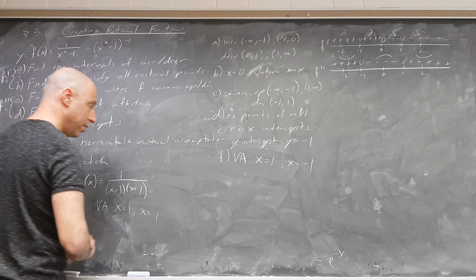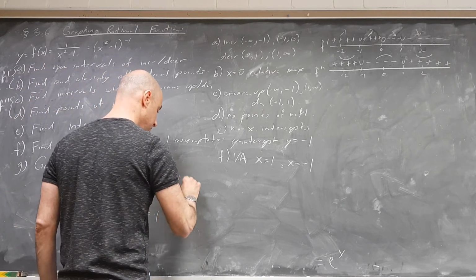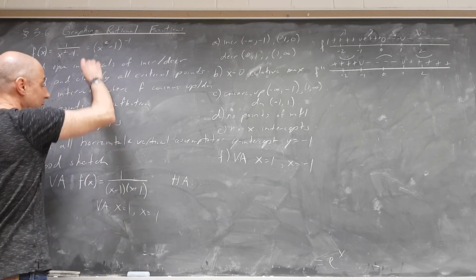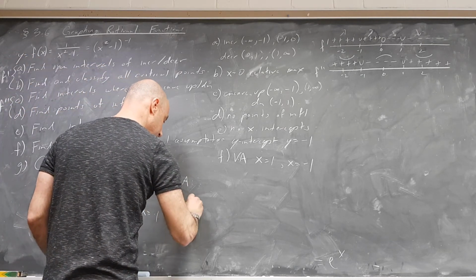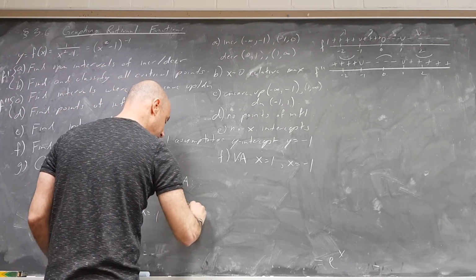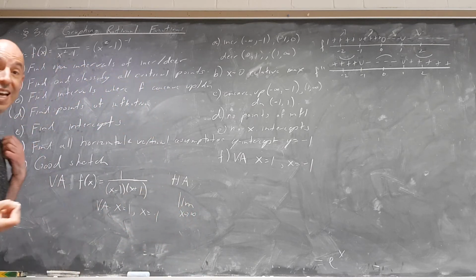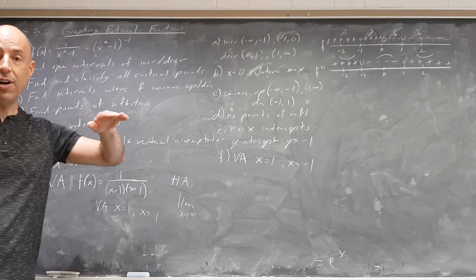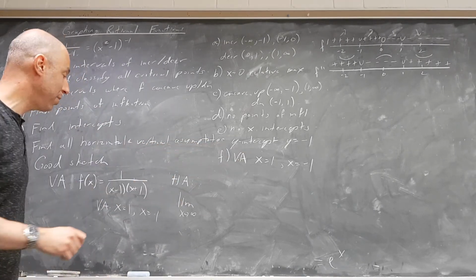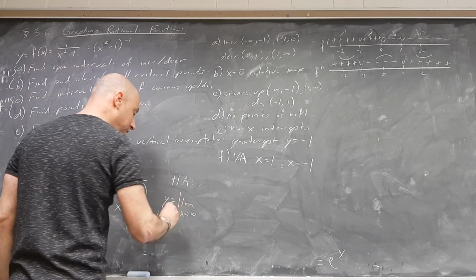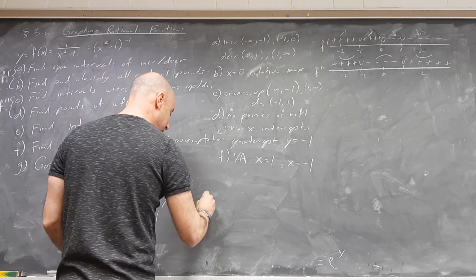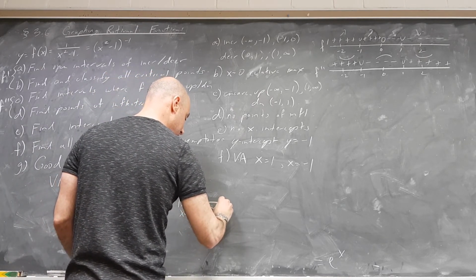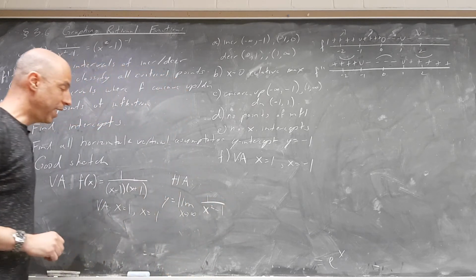So what we're going to do here is take the limit as x goes to plus infinity or minus infinity. It doesn't matter. Rational functions, if they have a horizontal asymptote on the right, have the same horizontal asymptote on the left. So we'll take the limit as x goes to, say, plus infinity of 1 over x squared minus 1.